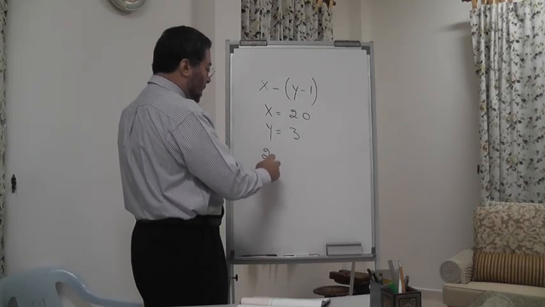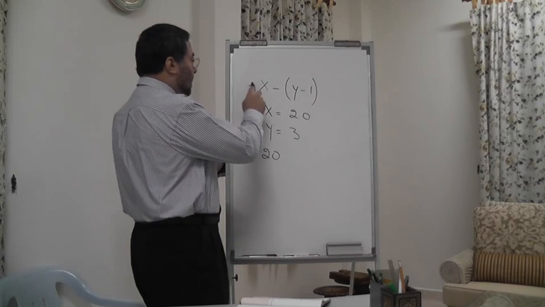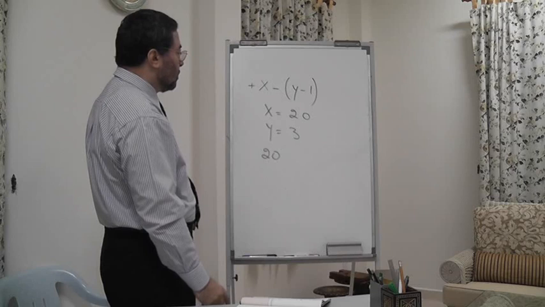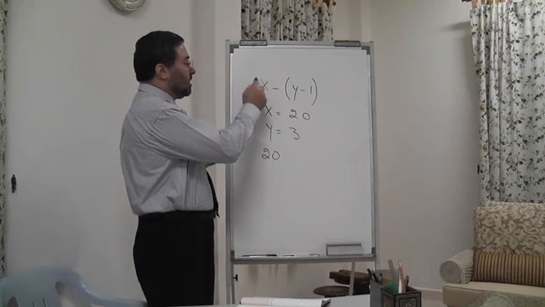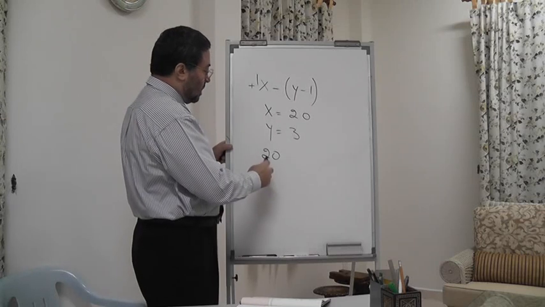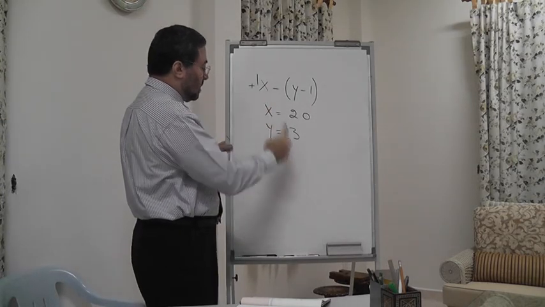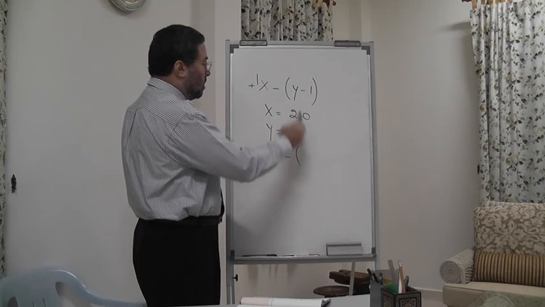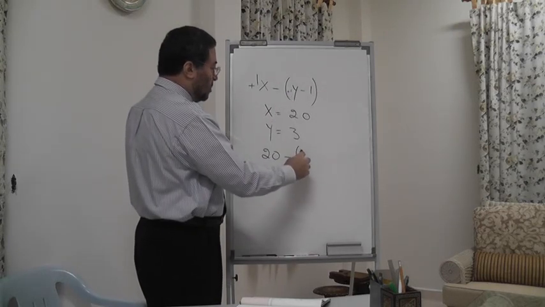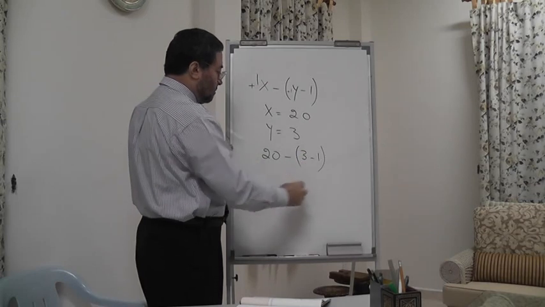So x is 20, I put 20, and this is a positive x. We said when there is no sign in front of it, automatically it is a positive, and the coefficient here is 1. So we replace x by 20, minus y is 3, and again it is a plus 1y. 3 minus 1.